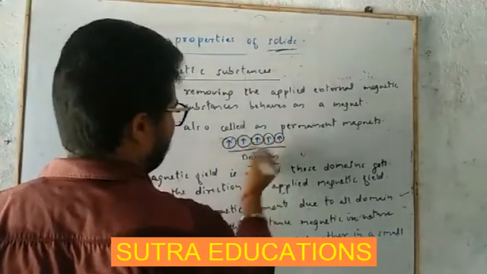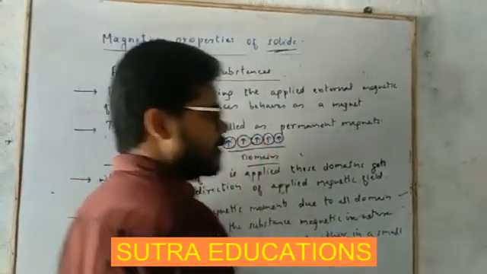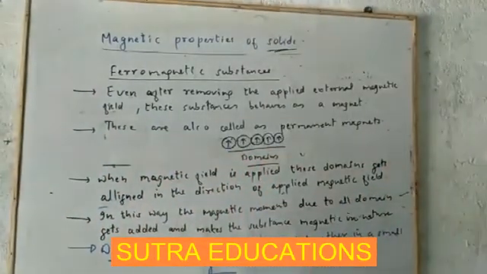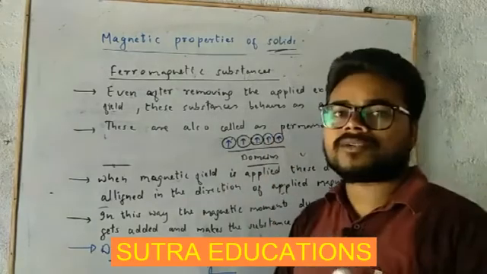Since they are aligned in single direction, net magnetic moment increases, and due to which these behave as strong magnets.